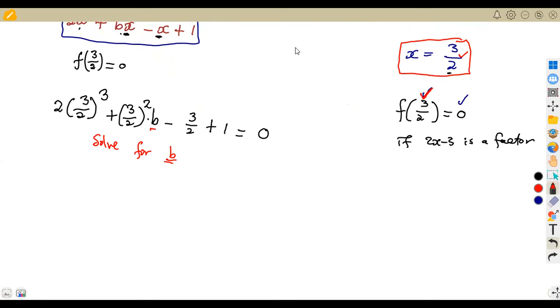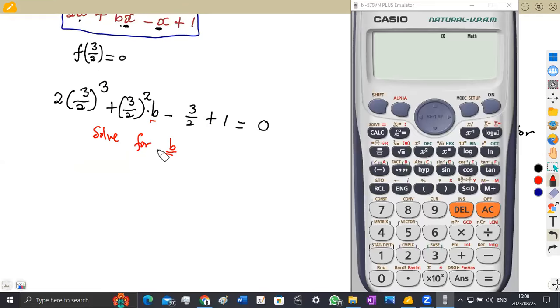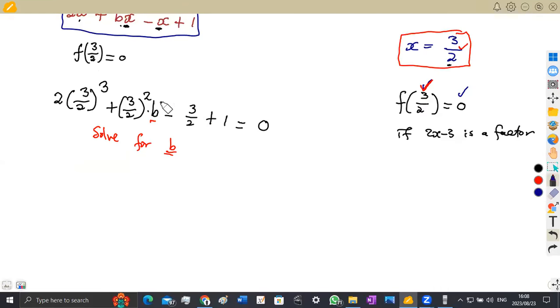All right, so let us use our calculator so that we can simplify what we can simplify in this case. The first thing, we're going to simplify this part here, and this part, and this part, where there's no b, because there is a b here. So we're going to ignore that.